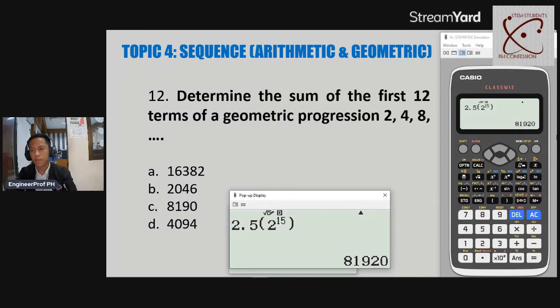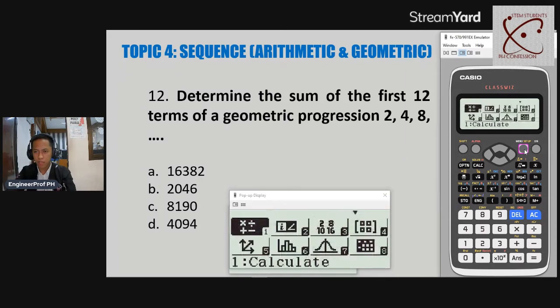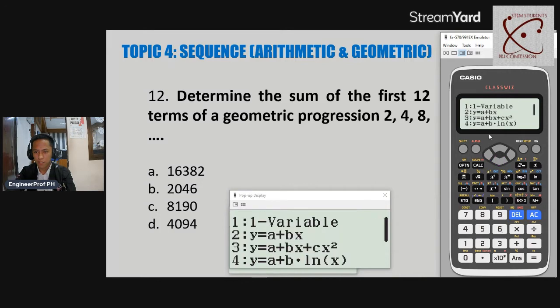I-add daw natin siya. So again, balik tayo sa menu and statistics 6. Okay, so navigate natin to geometric progression. So yung down button, then number 2.